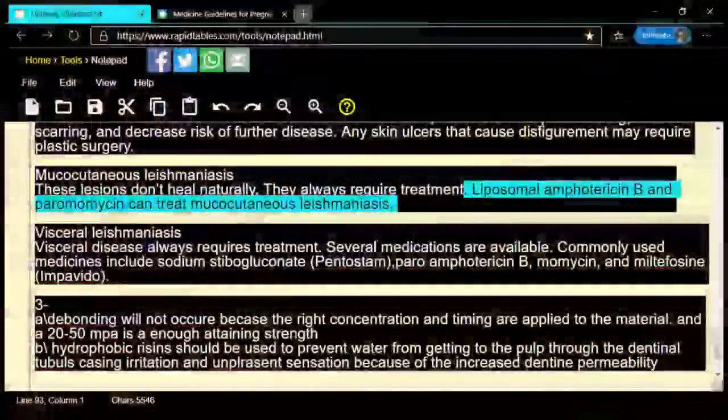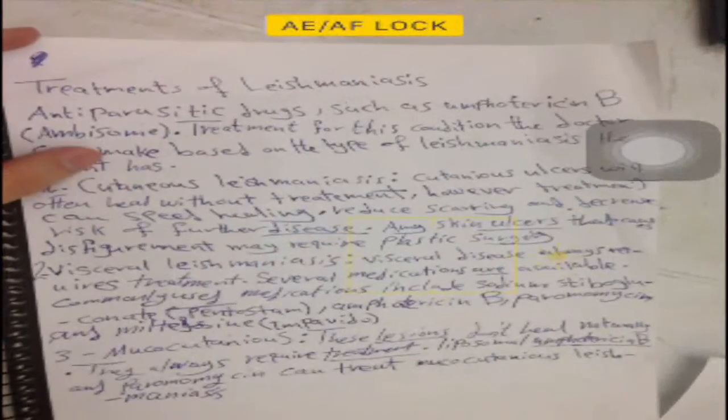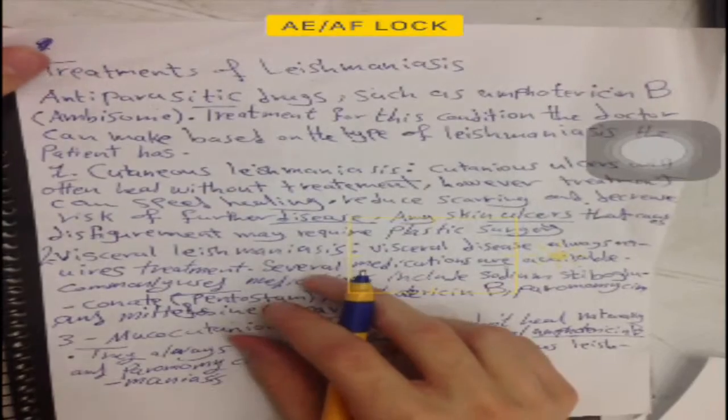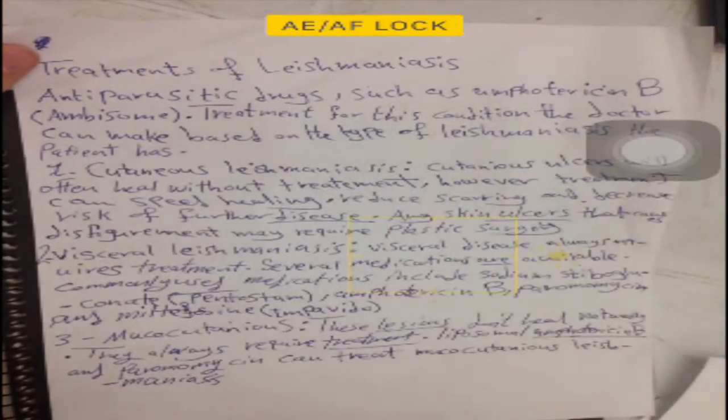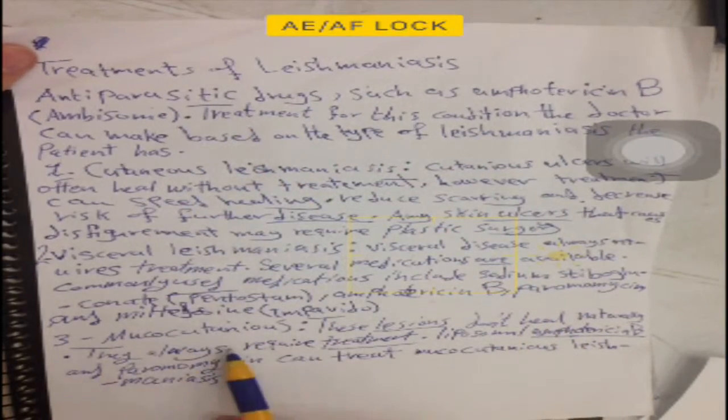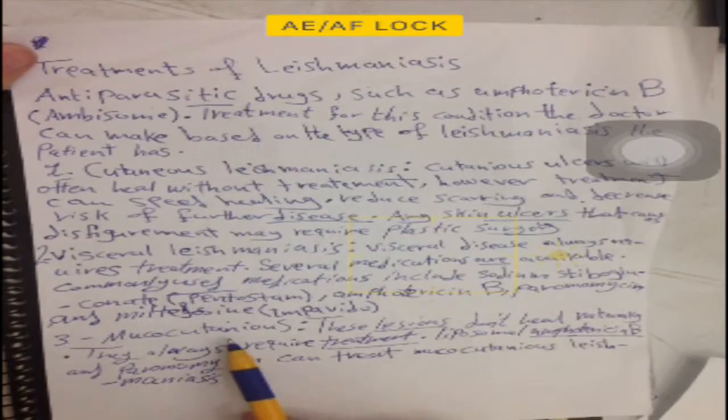And this is the full picture that we have done research for treatment of leishmaniasis, antiparasitic, etc., cutaneous, visceral, and mucocutaneous.